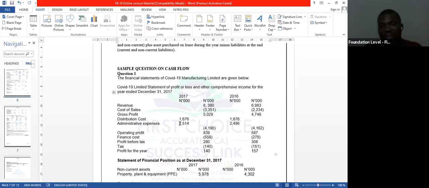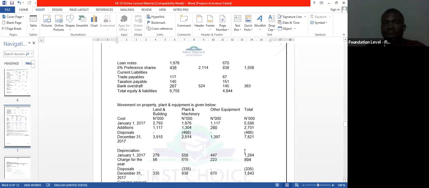And the question is, how do we know the total depreciation that we're going to add back? What is the total depreciation that we're going to add back? For you to get that, you need to go down to your movement. So you go downward to another table, which is the movement of PPE.